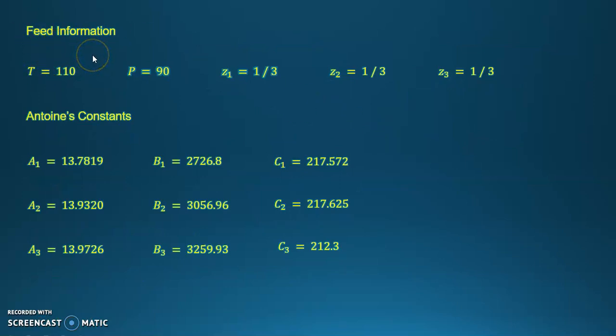The given information in the problem is the temperature, 110 degrees Celsius, and the pressure, equal to 90 kilopascals. This is the global composition that we have in the feed. And also we have the Antoine constants: these are for benzene, this other for toluene, and the last for ethylbenzene.